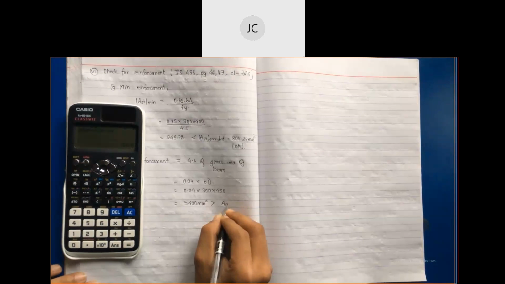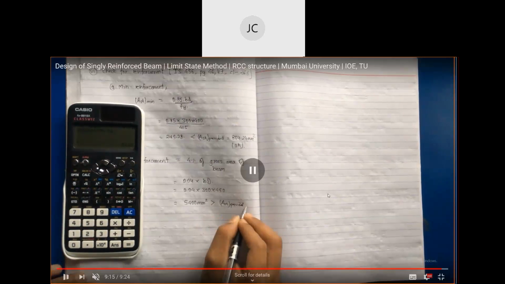We put all the values. You can see maximum amount of reinforcement is 5400 millimeter square, but we are providing 804.24. That means our provided reinforcement is more than the minimum amount and less than the maximum amount, so our calculation is correct.